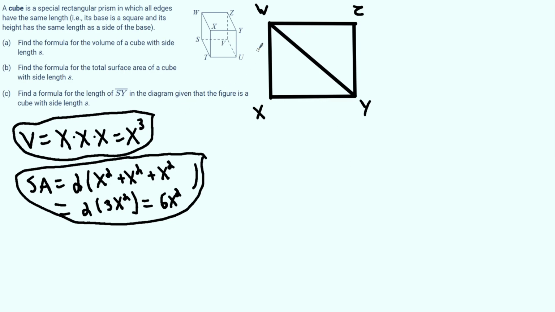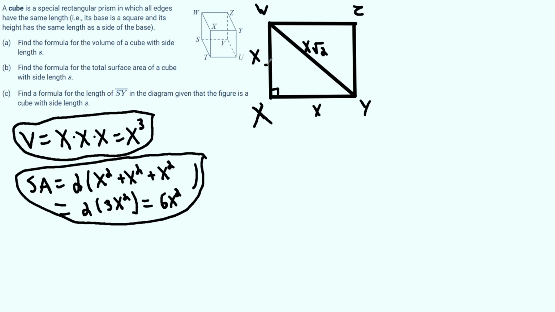Well, if I know that this is x and this is x, just be careful, it's different from this one because this is like a capital, the point, whereas these are the sides. And that means WY has a length of x times the square root of 2 by Pythagorean theorem.